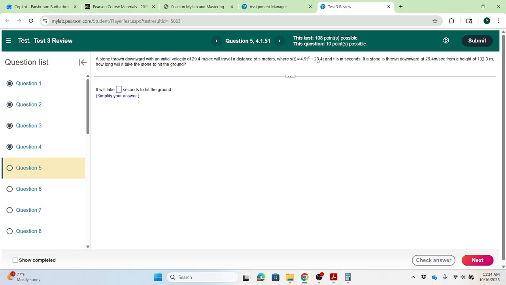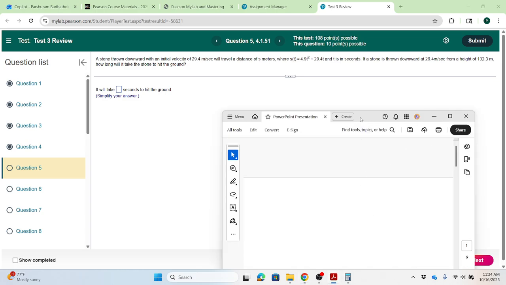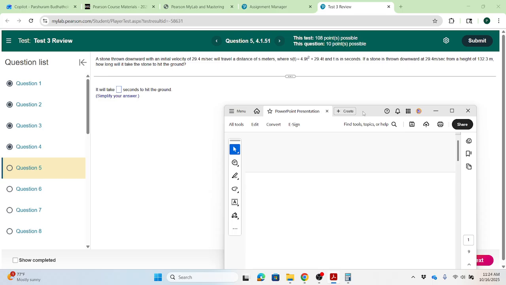from the height. What is that? 132.3 meters. And hit the ground means you have to make it equal to 0, because the distance is the distance from the ground. Let me see.